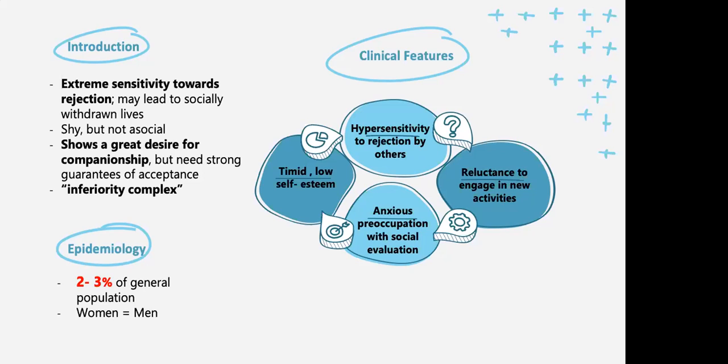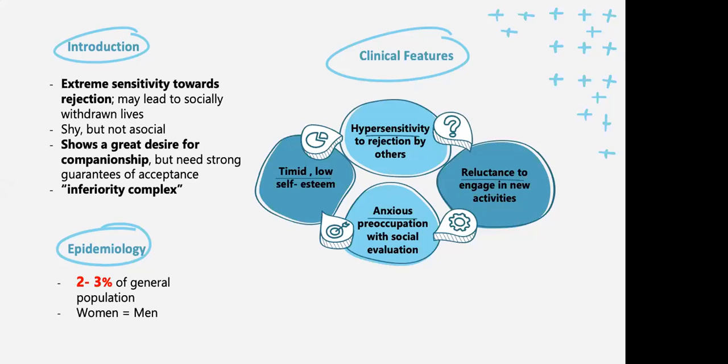For epidemiology, it accounts for about 2 to 3% of the general population, and it has equal distribution among men and women. For the clinical features, the hallmark is that they are hypersensitive towards rejection by others, and because of this, they are afraid to engage socially because they fear rejection.